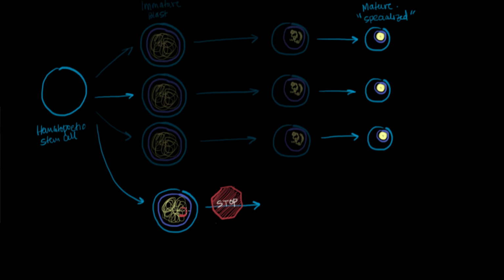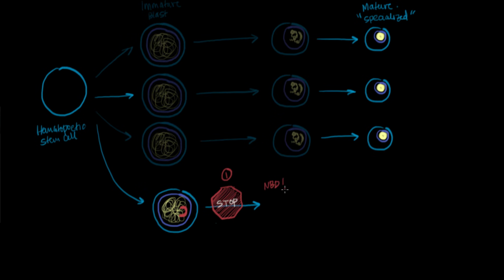And that gene is usually very important for helping the cell mature. So that when the gene becomes mutated and it stops working the way that it should, this cell then stops maturing the way that it should. And that's the first thing that happens in leukemia. This immature blast cell loses the ability to mature. And if that was the only thing that happened in leukemia, to be completely honest, it wouldn't be that big of a deal.